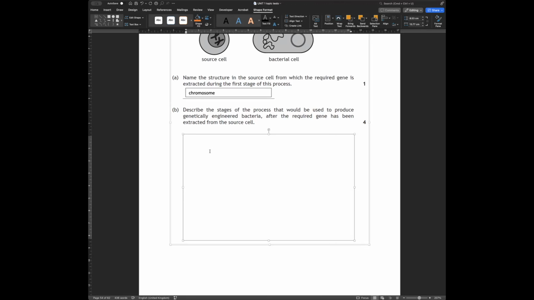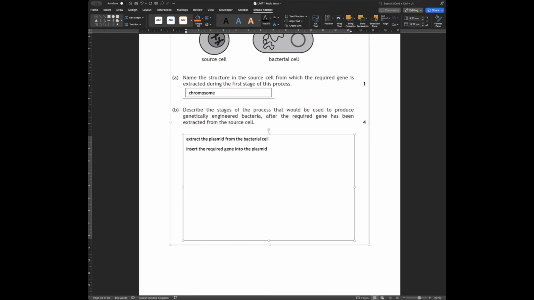What comes next? Okay, so we need to remove the plasmid, or a better word is extract, isn't it? Extract the plasmid from the bacterial cell. We need to then insert the required gene into the plasmid.